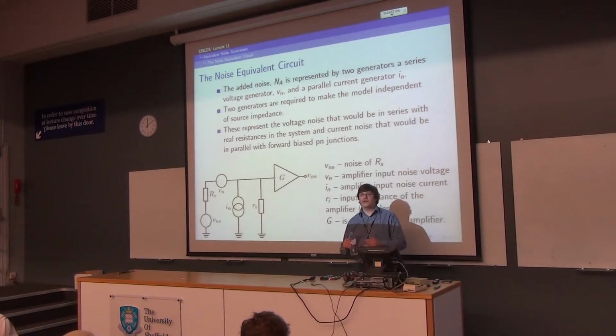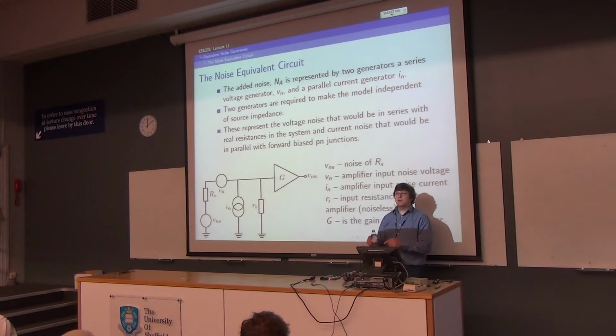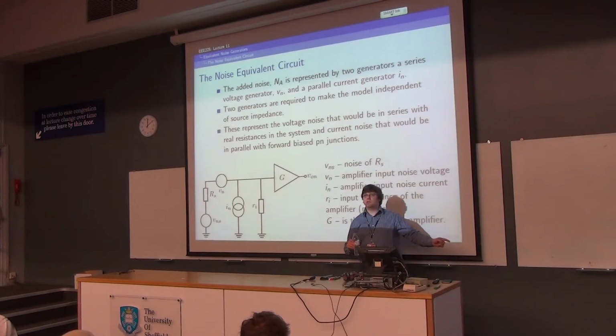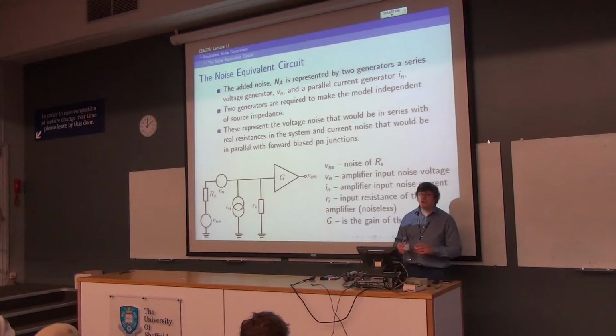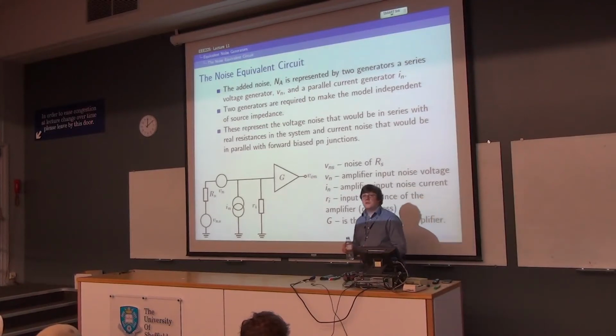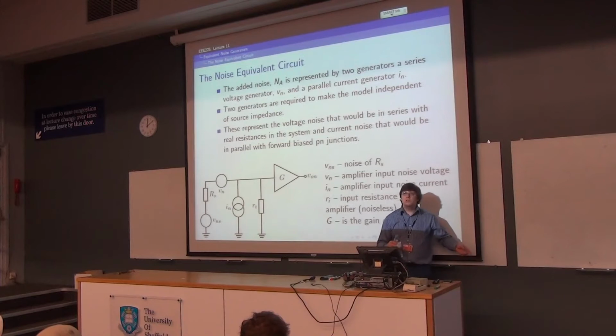And we shouldn't have to have a number for an amplifier that depends on the source resistance, because the person who designed the amplifier doesn't know what the source resistance is, and you do, because it's your problem that's being solved. So having the In and the Vn to represent the amplifier means that the people who make the op-amp can give you these two numbers, and they don't have to worry about what your source resistance is. You will know what it is, but they don't have to know what it is.